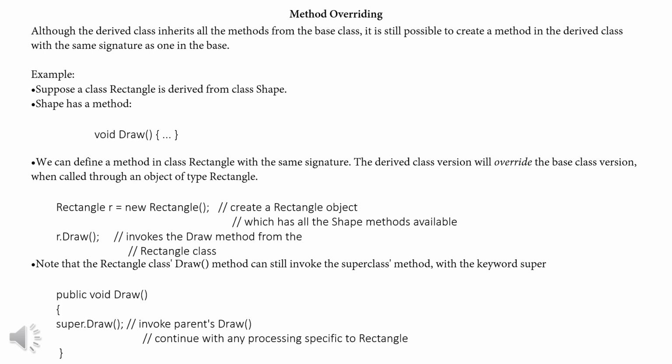For example, here draw is a method inside the rectangle class, and by using super.draw, we are actually invoking the draw method that is inside the superclass, inside the class shape, right? So this is what is called method overriding.